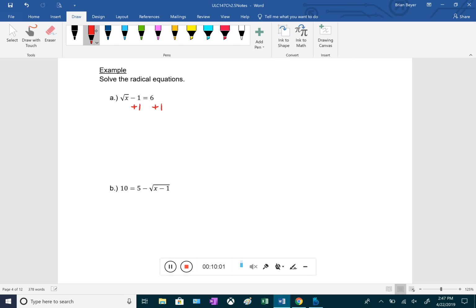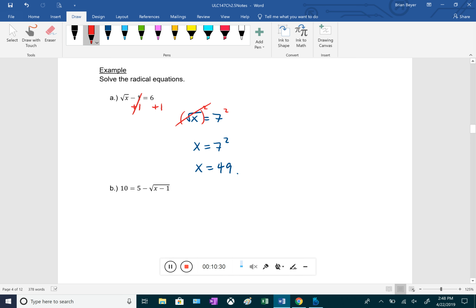We need to add 1 to get rid of it on that side. So we get the square root of x equals 6 plus 1, which is 7. And then we need to square both sides. When we square both sides here, the squared and the square root cancel. So this is going to give us x on the left. X equals 7 squared, which is x equals 49.